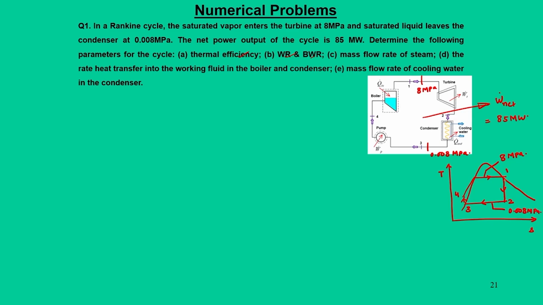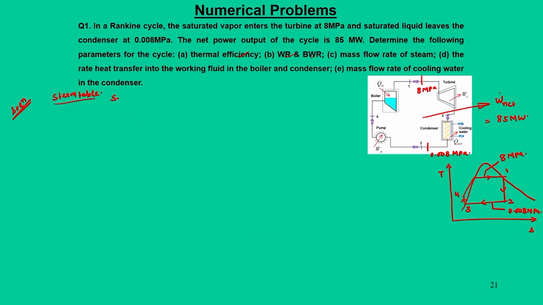We all know 1 to 2 is isentropic, 2 to 3 is constant pressure, 3 to 4 is again isentropic, 4 to 1 is again constant pressure. From this data, we first need to use the steam table and find the state point definitions in this TS diagram.